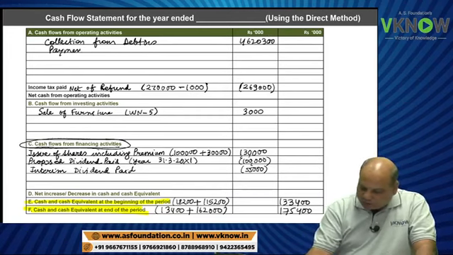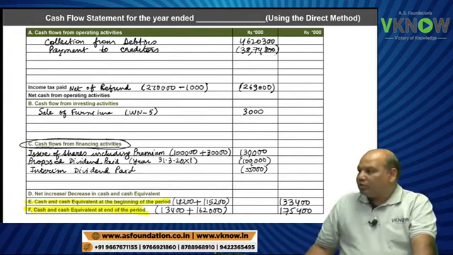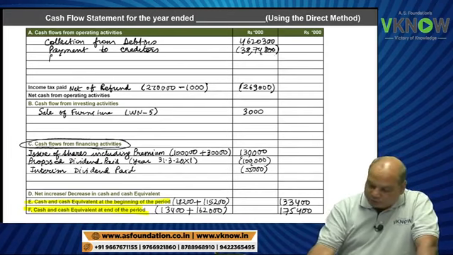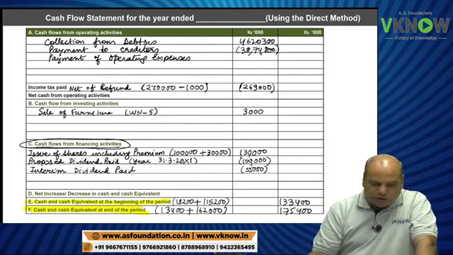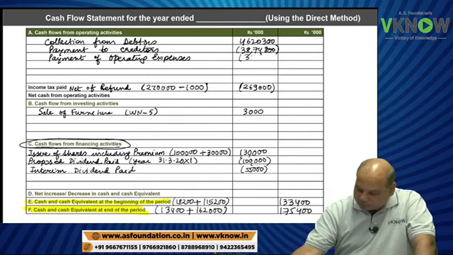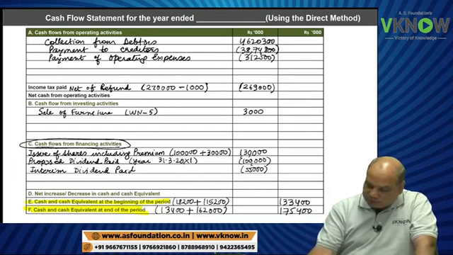Payment to creditor was 38,74,800. Payment of operating expense was 3,12,500.